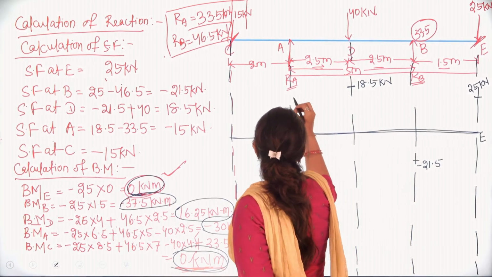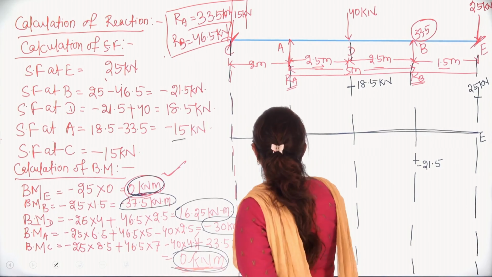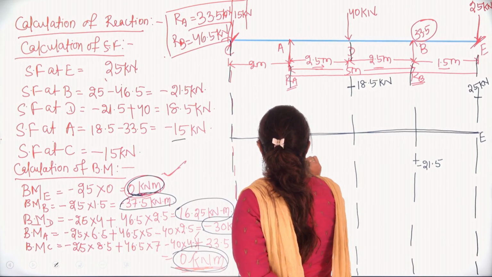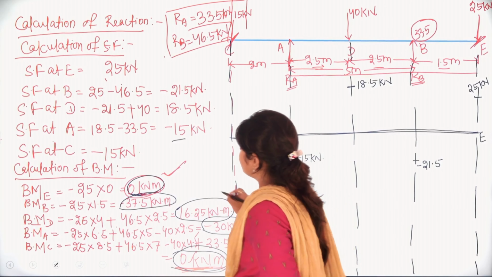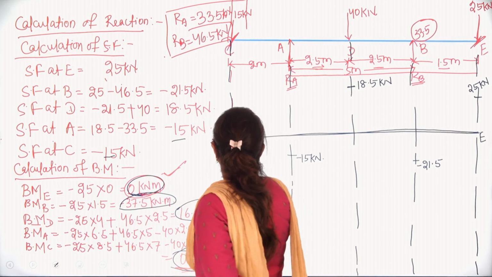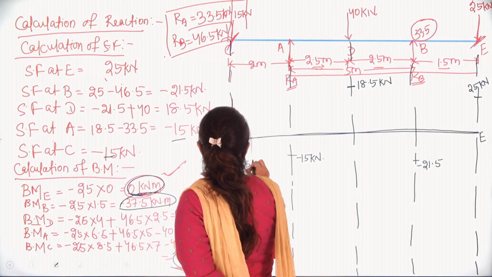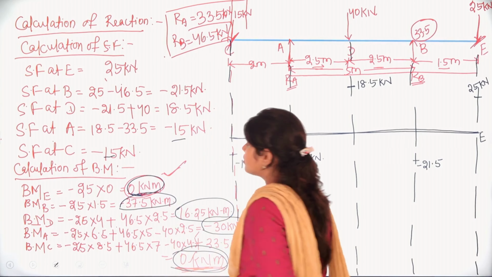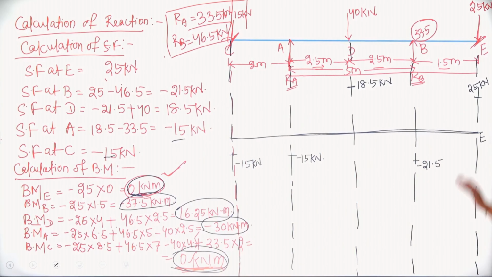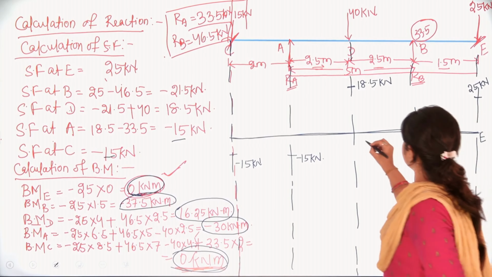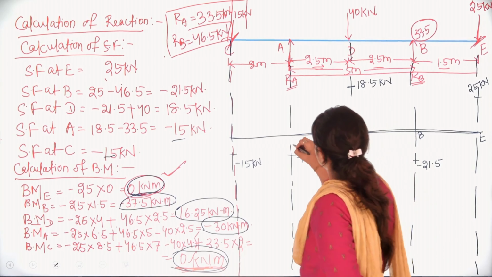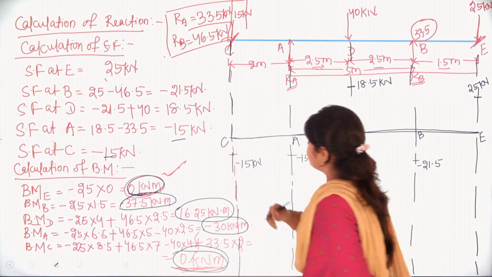Similarly, now you have minus 15 kilonewton. Shear force at C is also minus 15 kilonewton. Okay, we have the points. You can name them E, B, D, A and C.